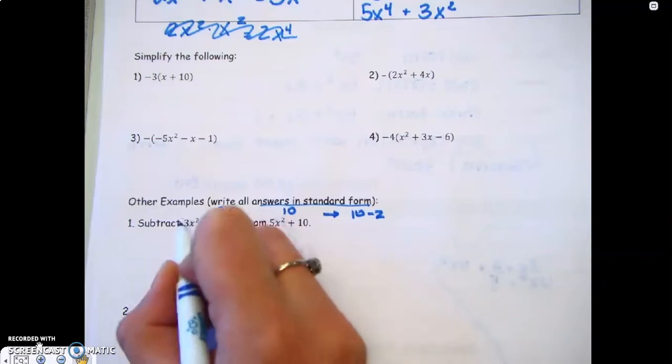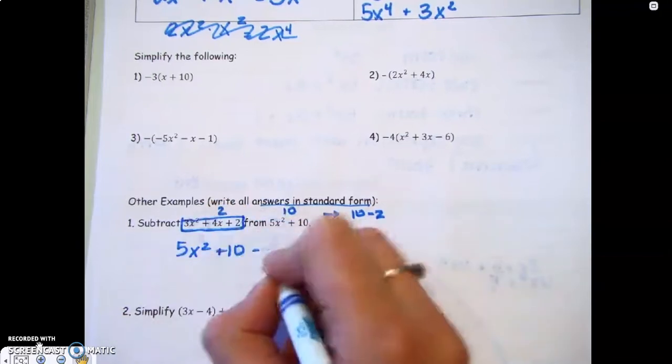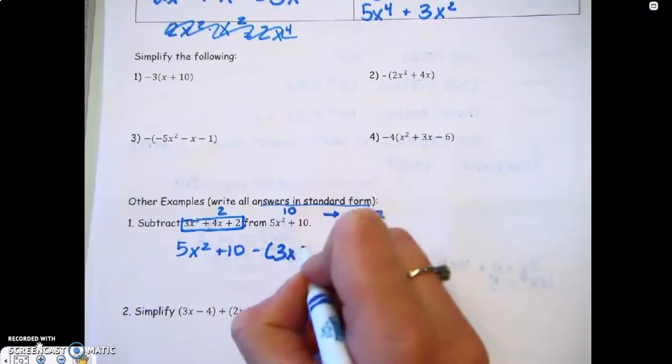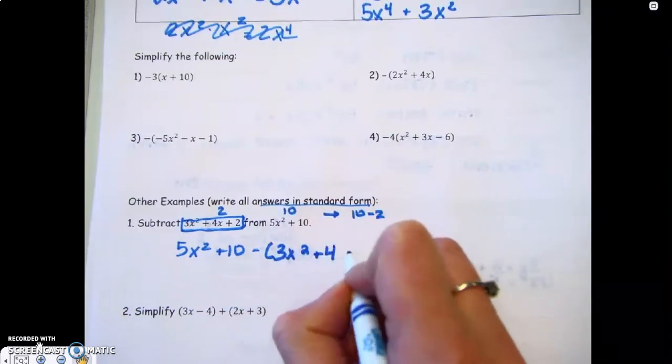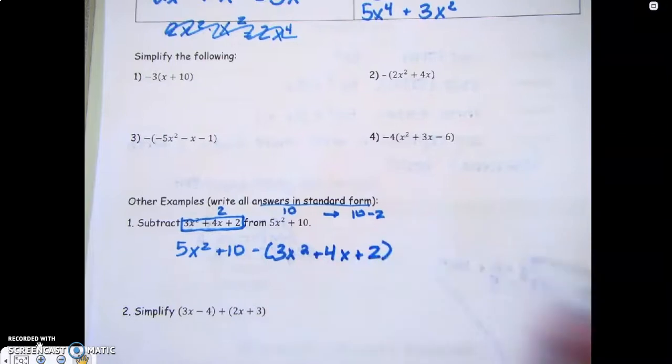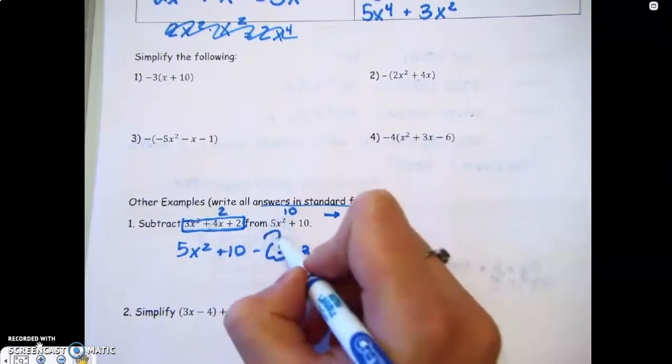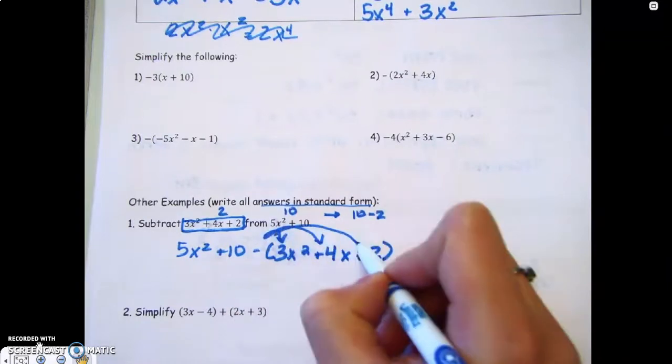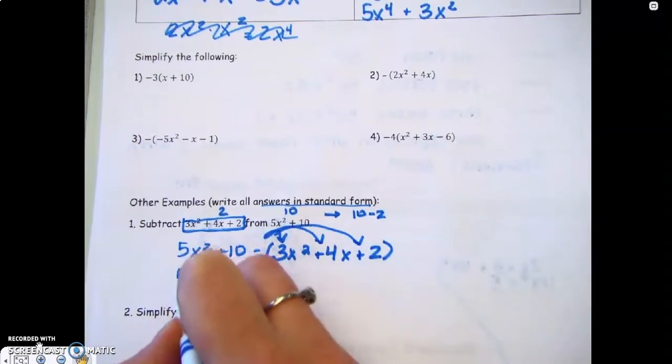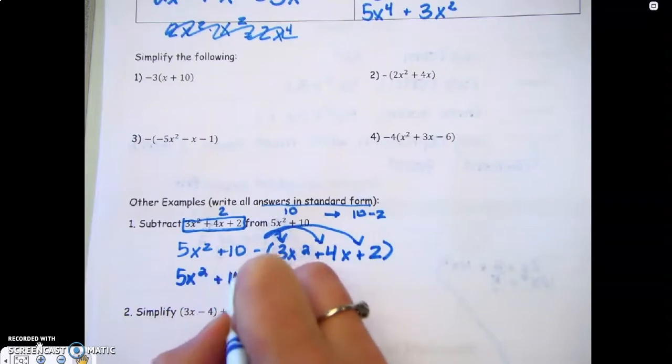And then I want to subtract this whole thing, which means I have to write that in parentheses to subtract each term. The thing I always do first is distribute that negative.